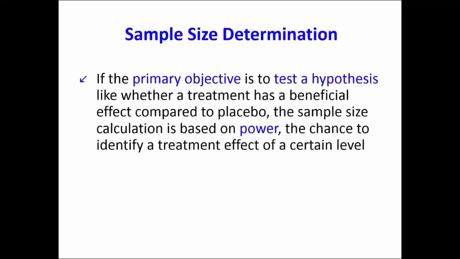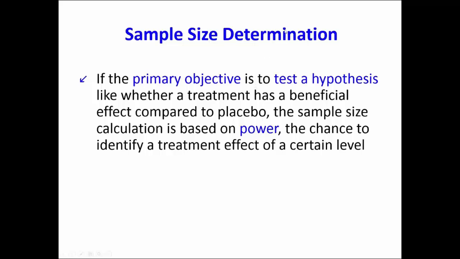Sample size determination is probably the most important statistical work in the design phase. You will need some kind of justification. Basically, the sample size depends first on the type of objective you are proposing.